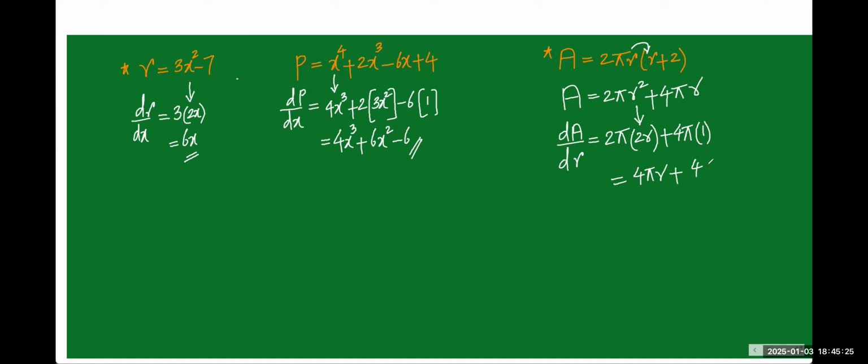That's it, your answer is this much only. If you want, you can take the common term: 4 pi times r plus 1. This is an optional step, not compulsory. Remember that pi is a constant, like 4 is a constant, pi is also a constant.